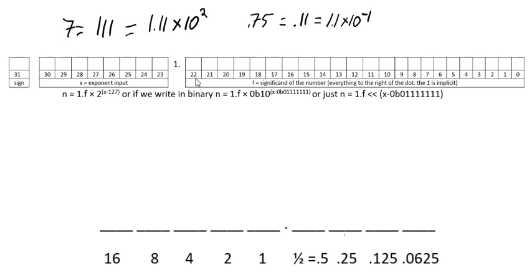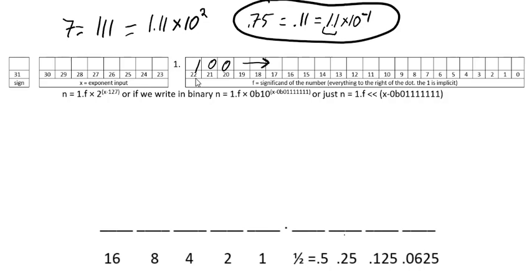So to do 0.75, we first need to encode this part. Now the 1 dot is implicit, so we only need to worry about the one bit here, and the rest are all zeros, right?